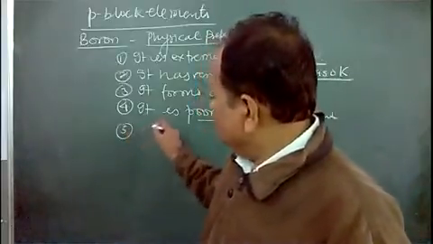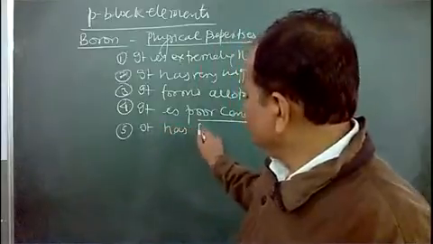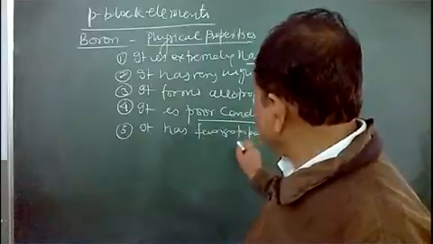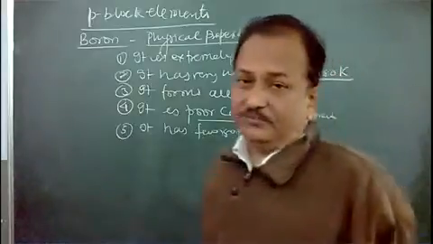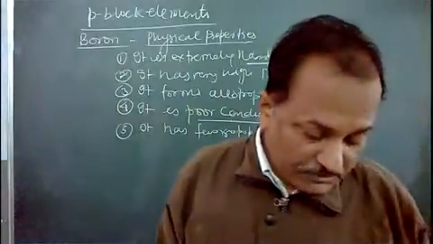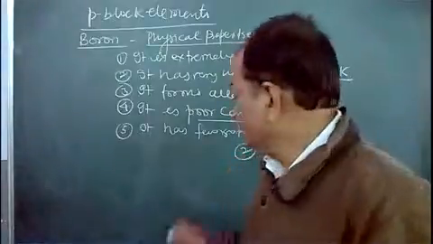And last point, it has few isotopes. Boron has only 2 isotopes, one is 10 and the other is 11.